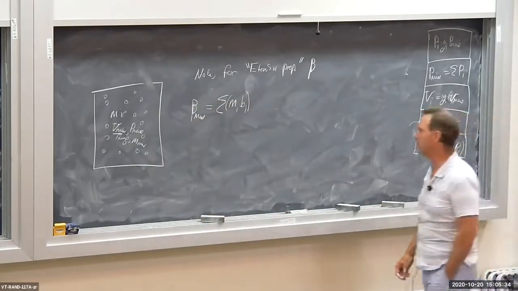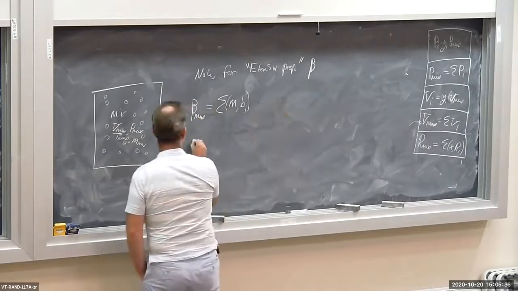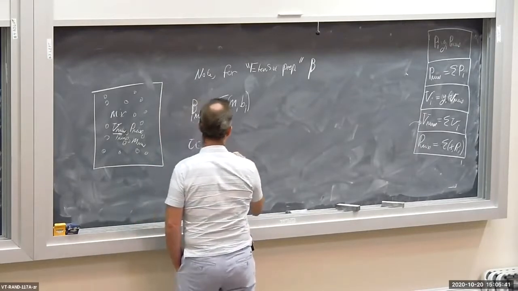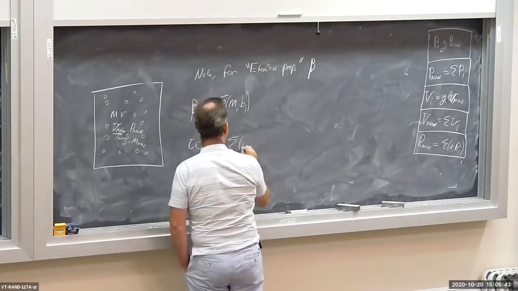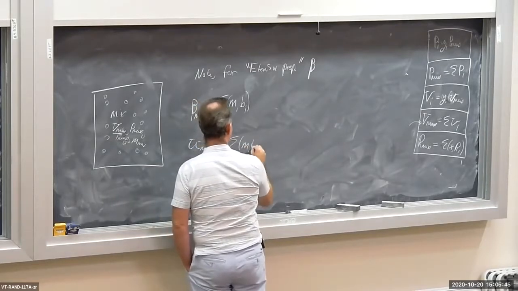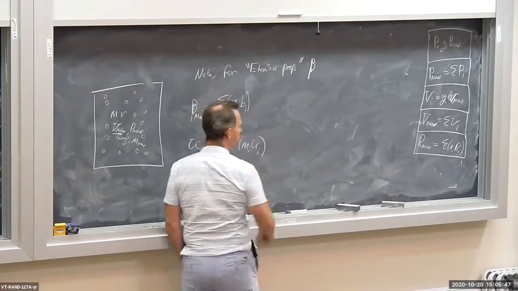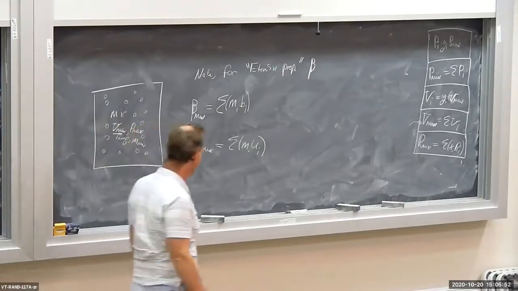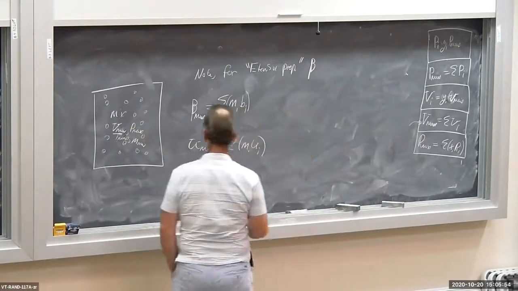For example, U mix is equal to the sum of the mass of each component times the specific internal energy of each component, summed over all components. Enthalpy, same thing.